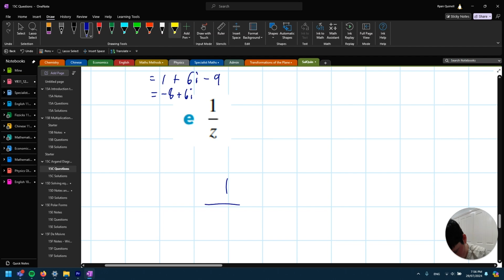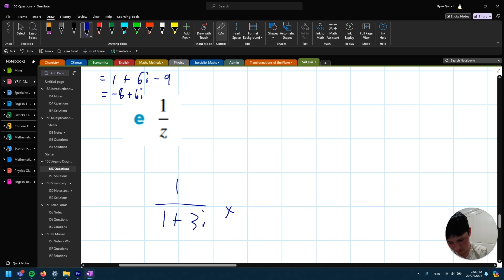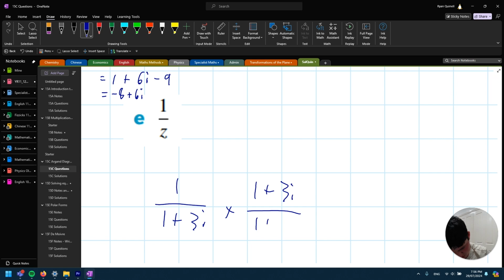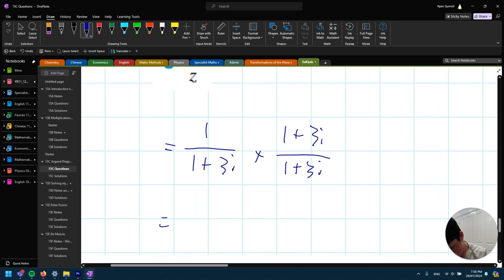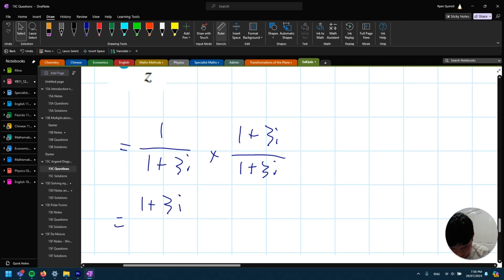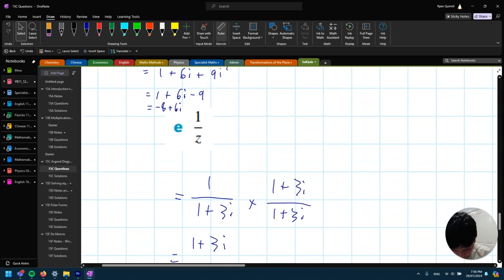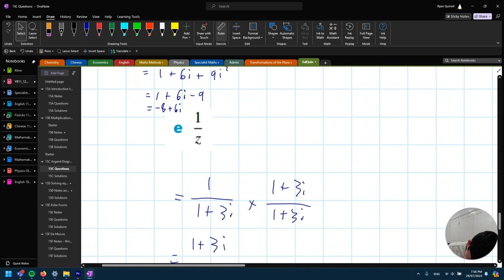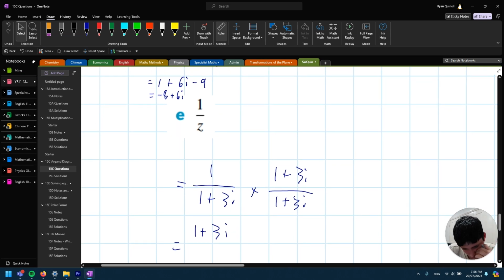And 1 over z, so 1 over 1 plus 3i. Now we need to times both top and bottom by 1 plus 3i. Now this equals 1 plus 3i over what we had before, which was negative 8 plus 6i.